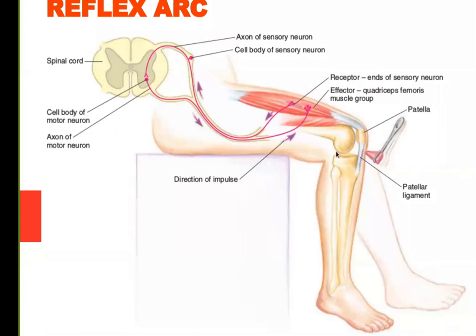This arc starts from receptors, which are placed in the quadriceps muscle and in tendons of this quadriceps muscle. Impulses activate when tendons stretch the quadriceps muscle and send impulses to our spinal cord. From the spinal cord, the efferent neuron sends impulses backward to the quadriceps muscle, and the muscle starts contraction.